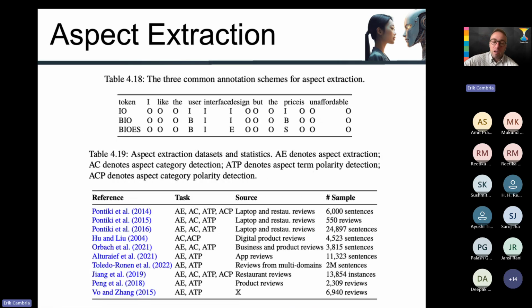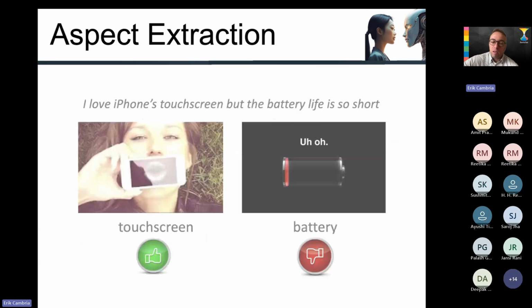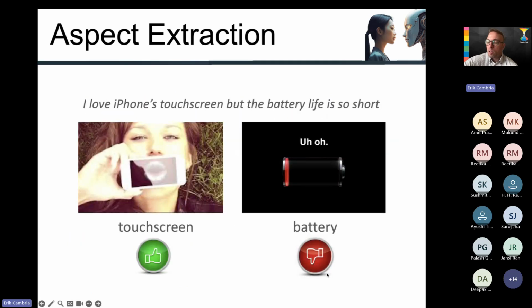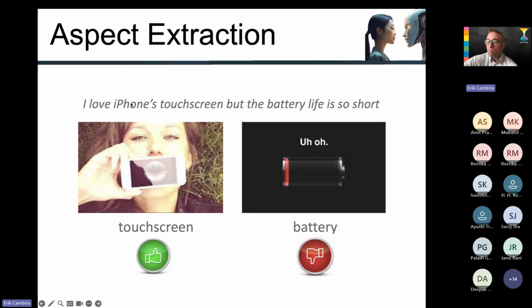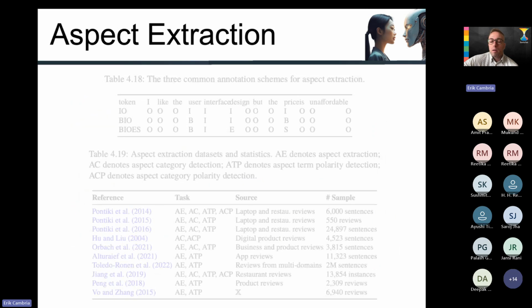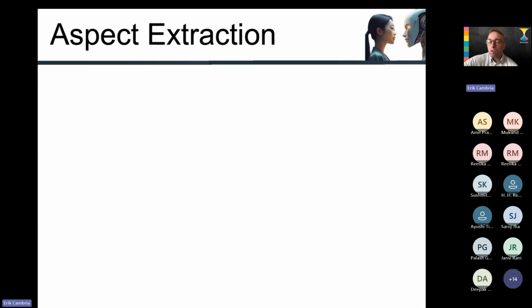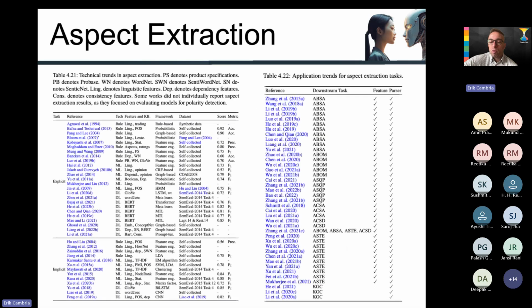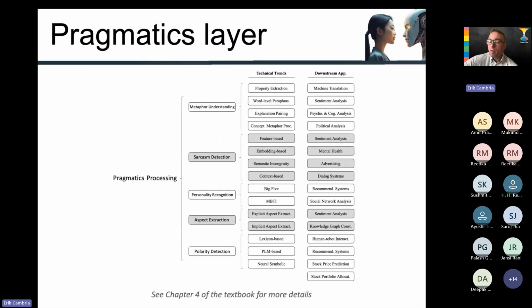So here in our example, we could say that touch screen and battery are the aspect terms, while iPhone is the aspect category. So these are all useful definitions and useful works that help us to understand how to better perform fine-grained polarity detection.